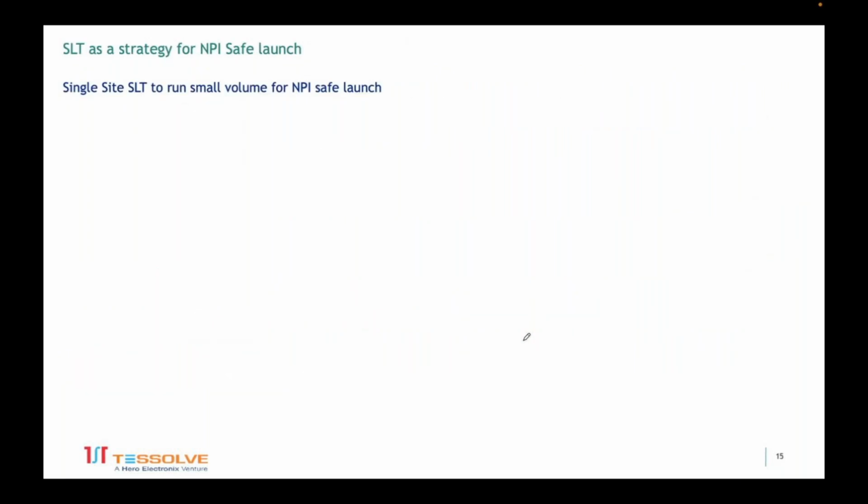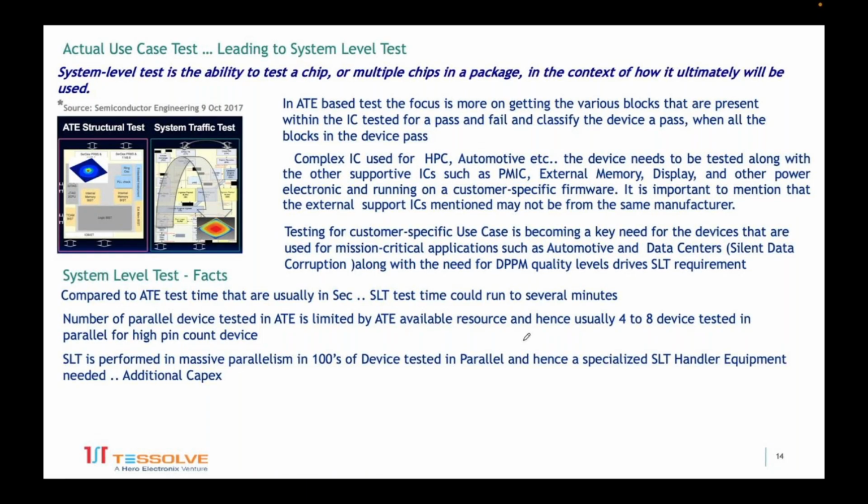Hey, maybe a quick question if you don't mind. Absolutely, yeah. You may have addressed that, sorry, but I joined a little bit late. So system level test, is that too late? Because if you fail, you're failing the whole system.